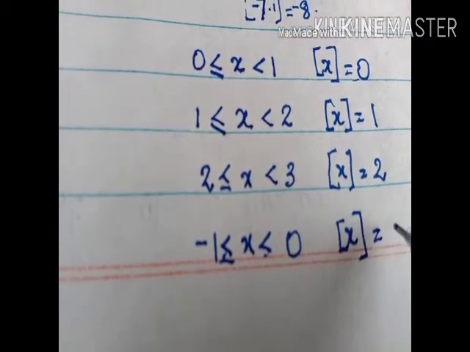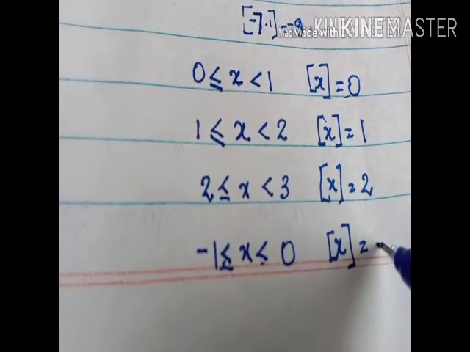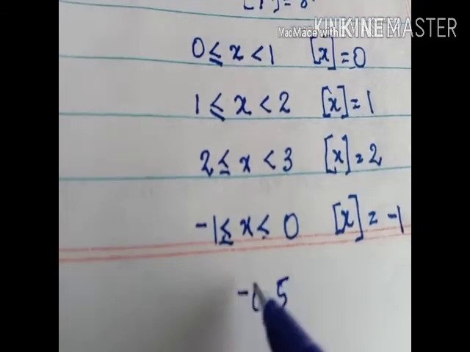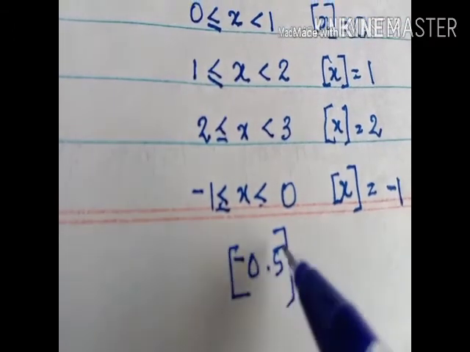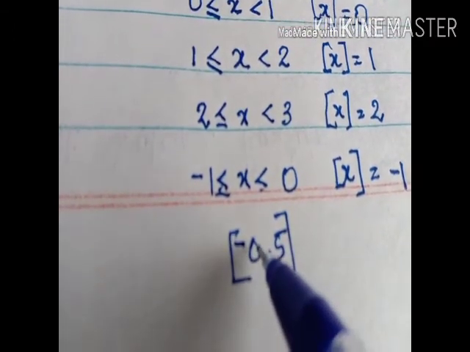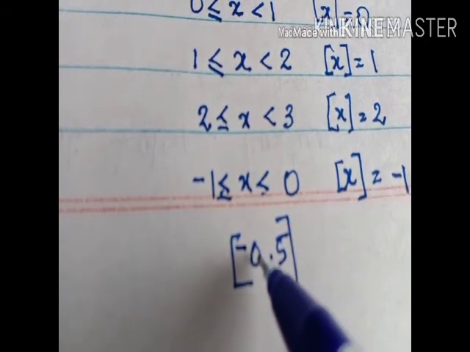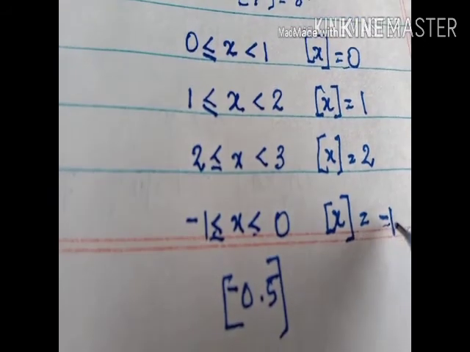The answer is negative 1. For example, negative 0.5: here you have to identify it is a negative number, so the integer part is 0. You add 1, 0 plus 1 is 1, so the greatest integer function becomes negative 1.